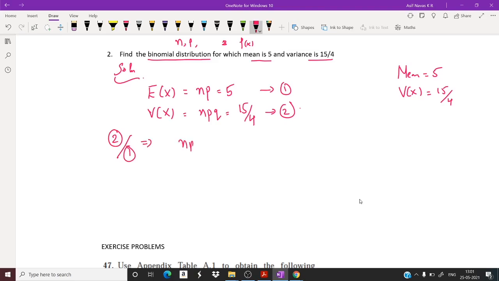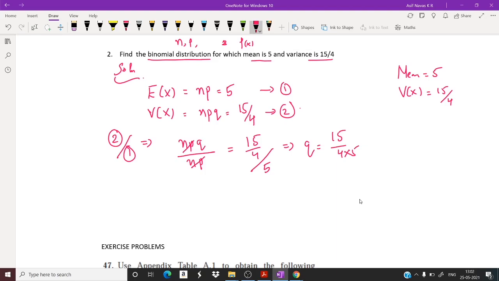npq divided by np is equal to 15 by 4 divided by 5. So we will get q equal to 15 by 4 divided by 5, that is 15 by 20.